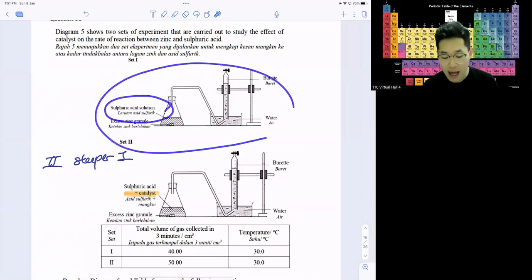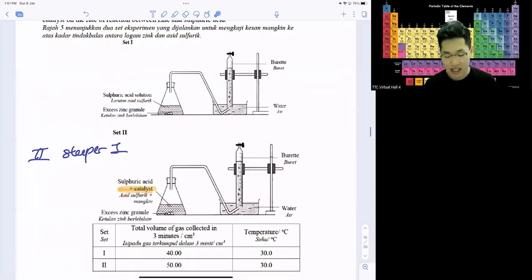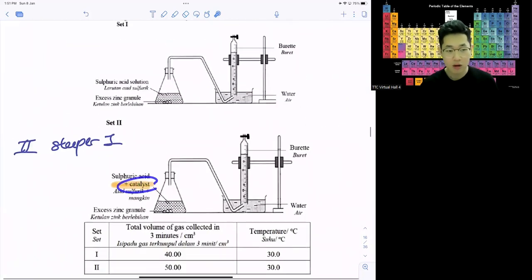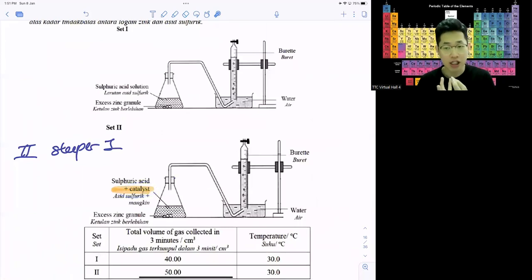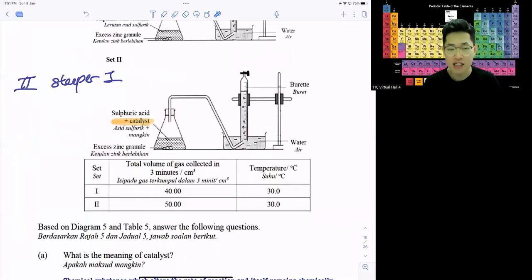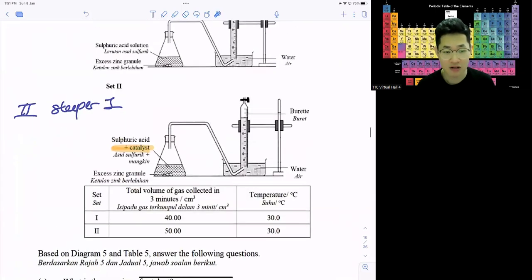They use the same acid. The only thing that's different is the catalyst. When you use a catalyst in a reaction, the catalyst can only make it faster, but it cannot cause it to produce more products, because the amount of product is decided by the amount of reactant you have.